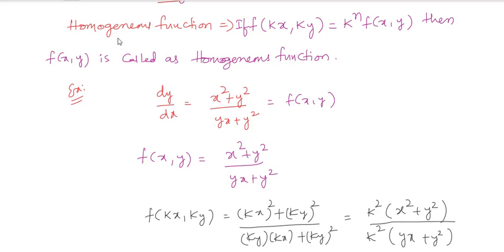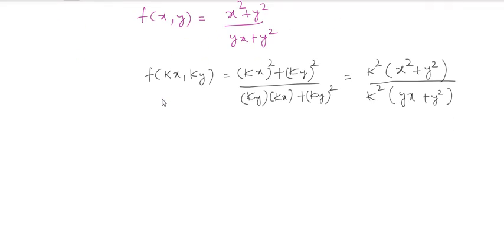Now the k square will get cancelled, so I can represent this as k power 0 into x square plus y square divided by yx plus y square. So the function f of kx comma ky is represented in the form k power 0 into f of x comma y.